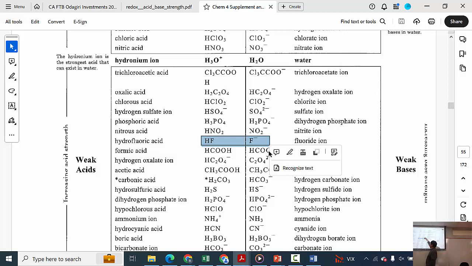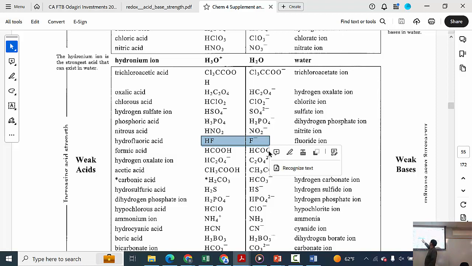So what we need is a base that's stronger than fluoride. What are the bases that are stronger than fluoride? The ones that are lower than fluoride here, because we're on the right side of the chart. Strength increases as we go down. On the left side of the chart, strength increases as we go up. So the strongest acid is on the top left, and the strongest base is on the bottom right.